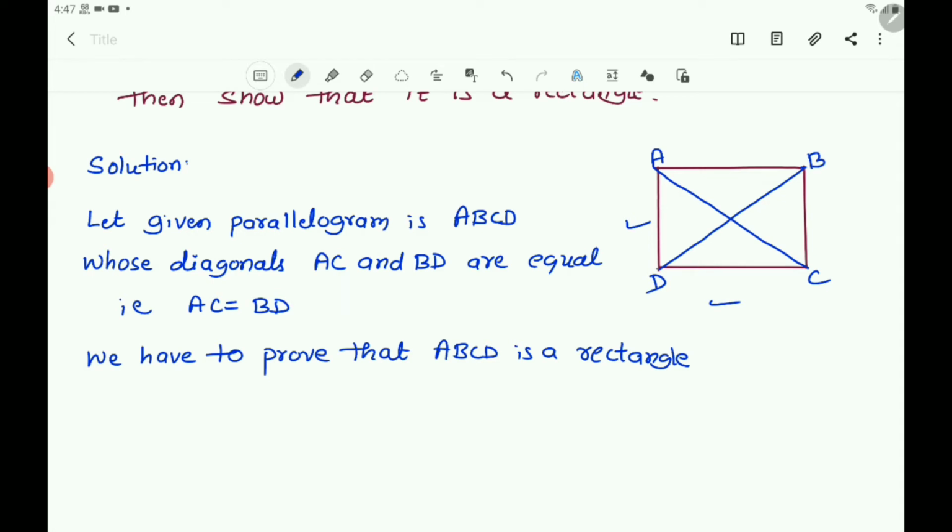If you prove that they are congruent, then the corresponding parts of the congruent triangles are equal, so angle ADC equals angle BCD.